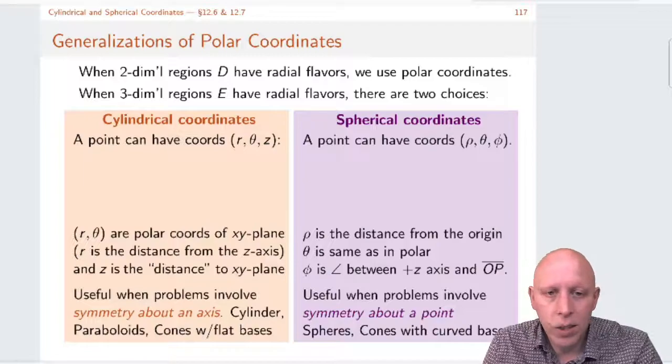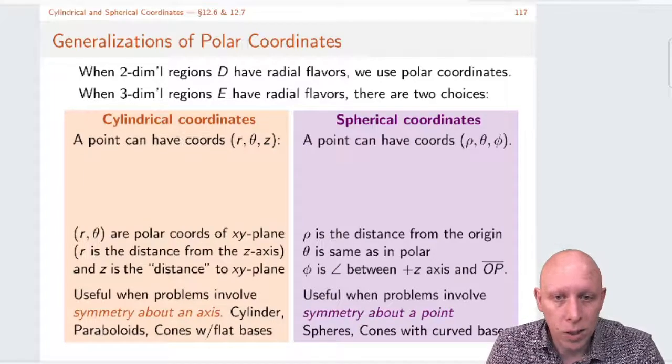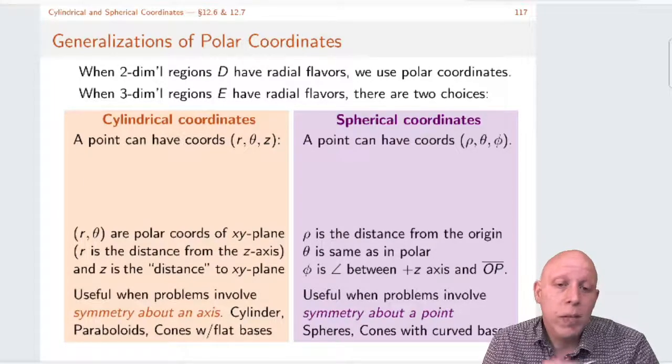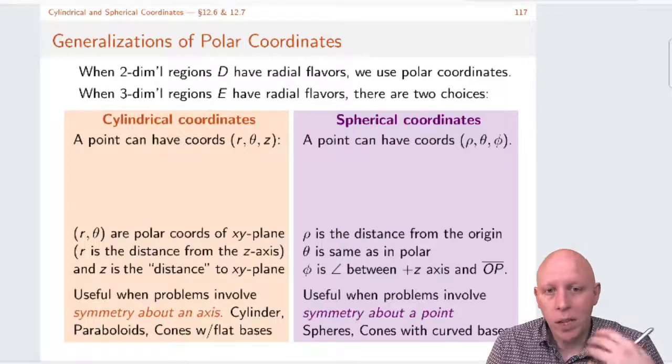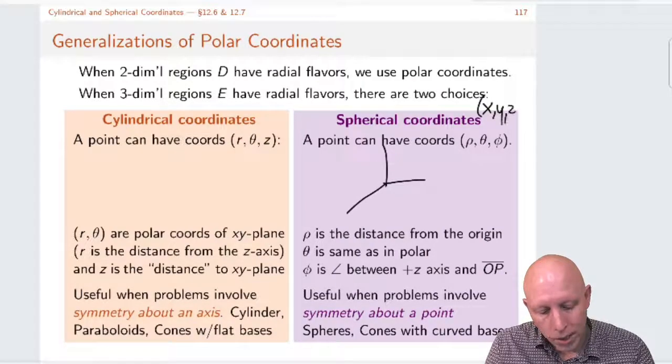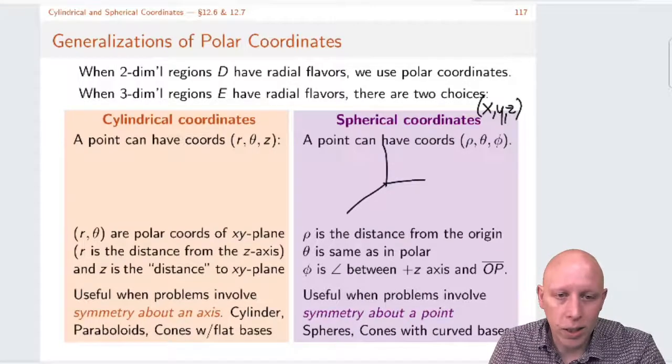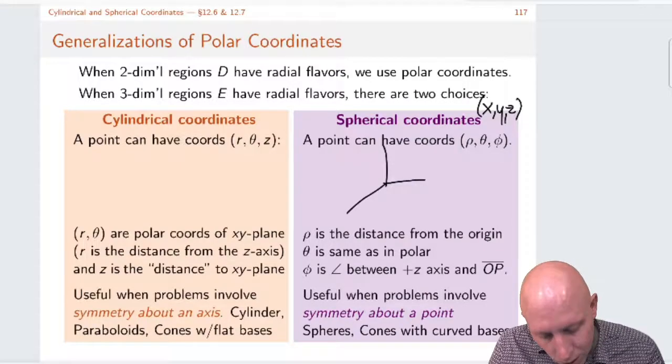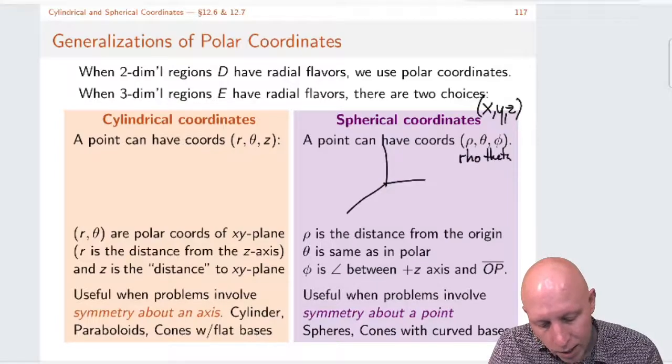On the other hand, we can also use spherical coordinates. And this might have been what you imagined when you thought about taking polar coordinates to the third dimension. So instead of x, y, and z, we have three coordinates. This is rho, this is theta, and this is phi.